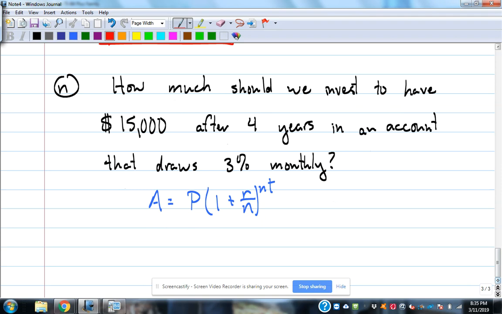We don't know how much money to put in there. We know we want to end up with $15,000 at the end. We don't know how much to put in at the beginning. We've got this account drawing 3% monthly, but we want to know how much we need to move out of maybe our larger nest egg and into this account to gain that percentage.